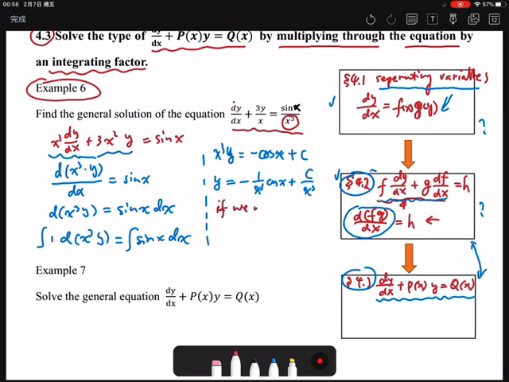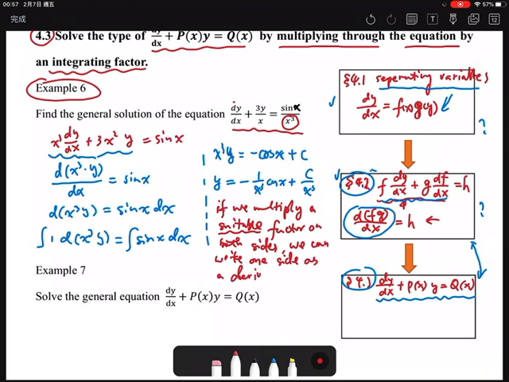Just now in solving this differential equation in example 6, you see that we multiply a suitable factor on both sides, and we can write one side as a derivative of a product, which means it becomes the type in section 4.2.